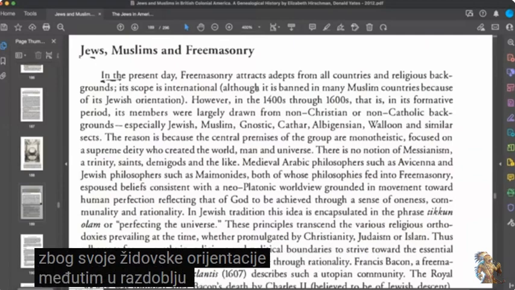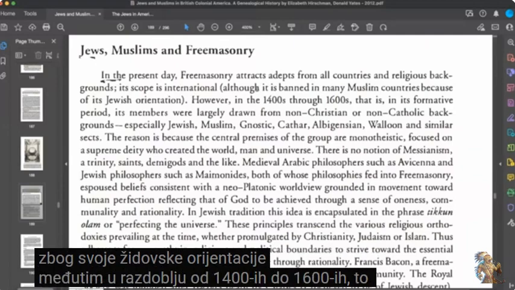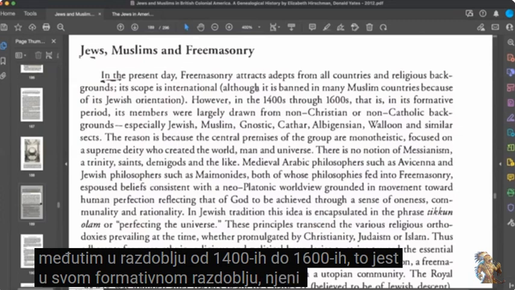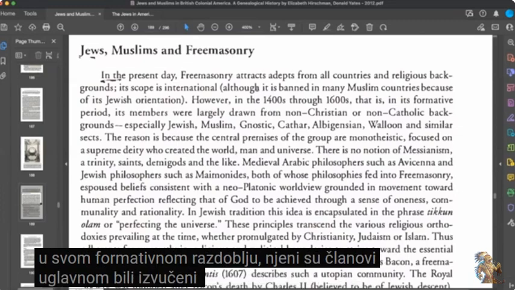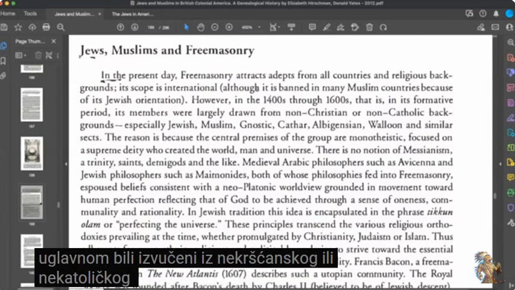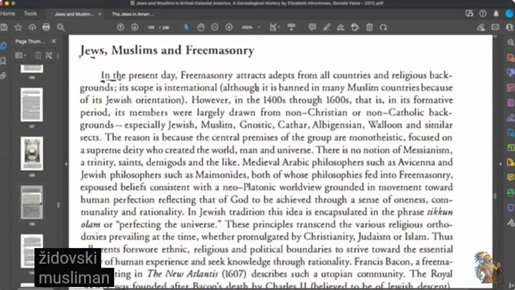However, in the 1400s through 1600s, that is, in its formative period, its members were largely drawn from non-Christian or non-Catholic backgrounds, especially Jewish, Muslim, Gnostic, Cathar, Albigensian, Walloon, and similar sects.